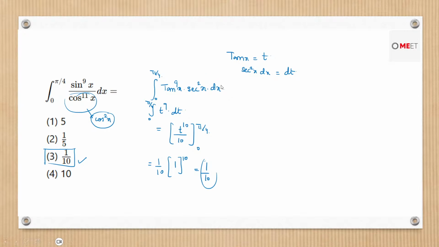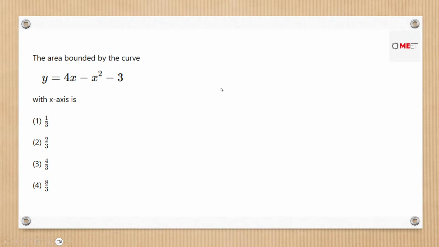Now moving to next question. The area bounded by the curve y is equal to 4x minus x square minus 3 with respect to the x-axis is how much? First we need to factorize this in order to know the limits of the curve. At y is equal to 0, this is 4x minus x square minus 3 equal to 0.